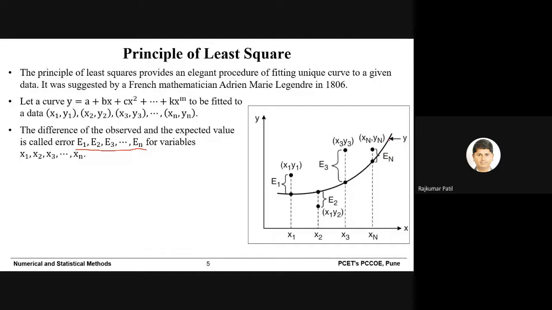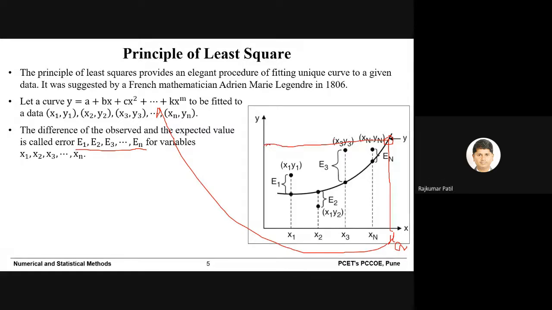Because suppose take any random point, say xa, and when you put x is equal to xa in this equation, you will get some value of y on the curve. That will be here, right?